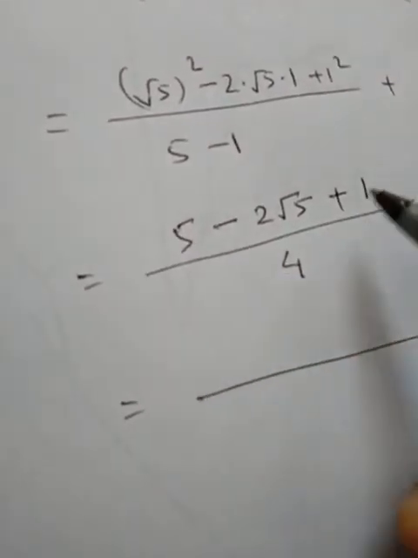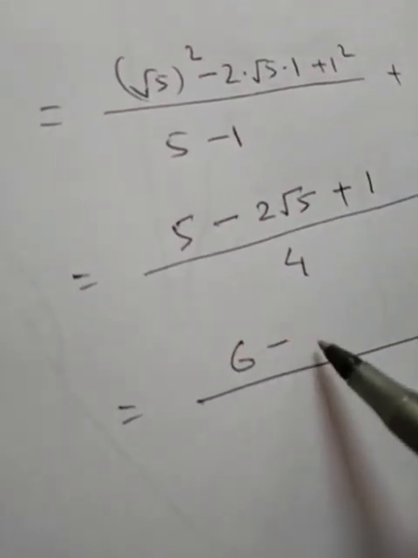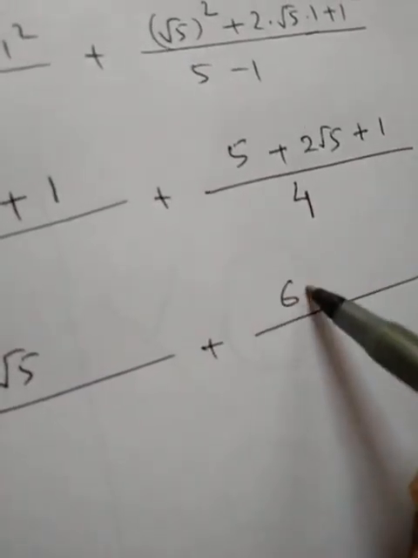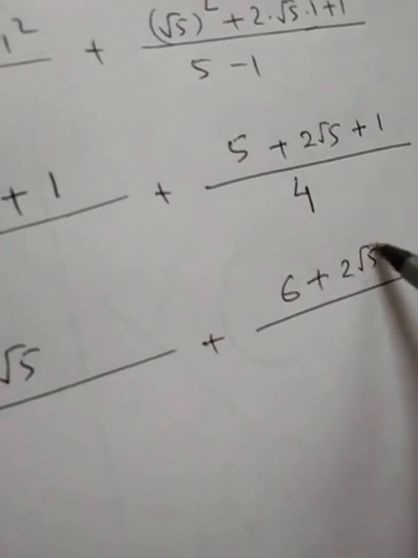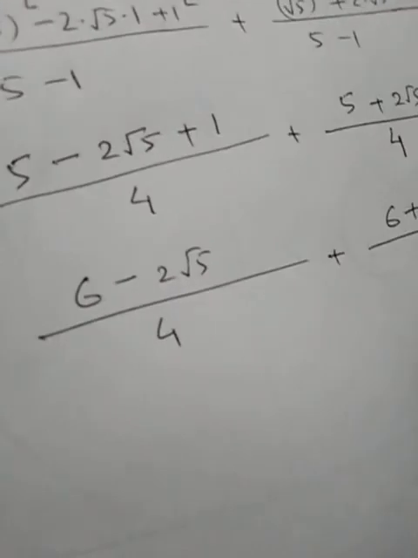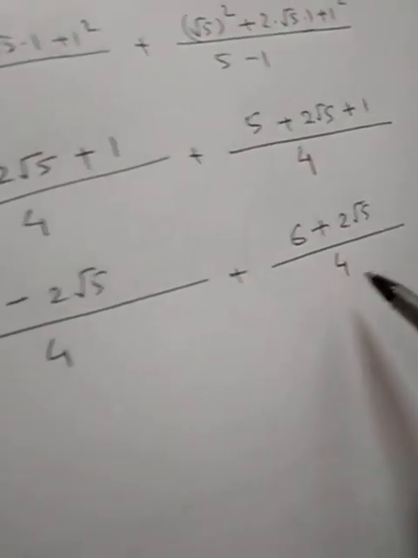Next step, 5 plus 1 is 6, so 6 minus 2 root 5 by 4, and here 5 plus 1 is 6, plus 2 root 5 by 4. Now the simplification of the denominator part is over.